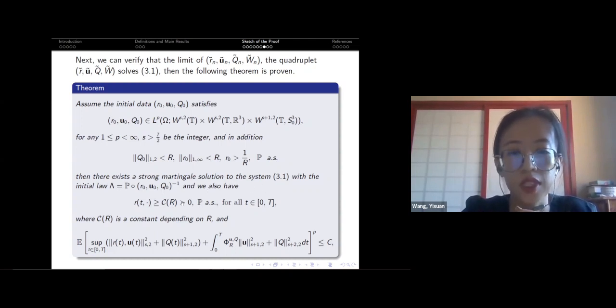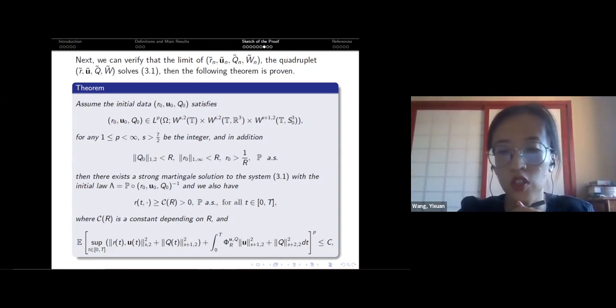We also have R bounded away from 0, bigger than some positive number, and R, U, Q are bounded.